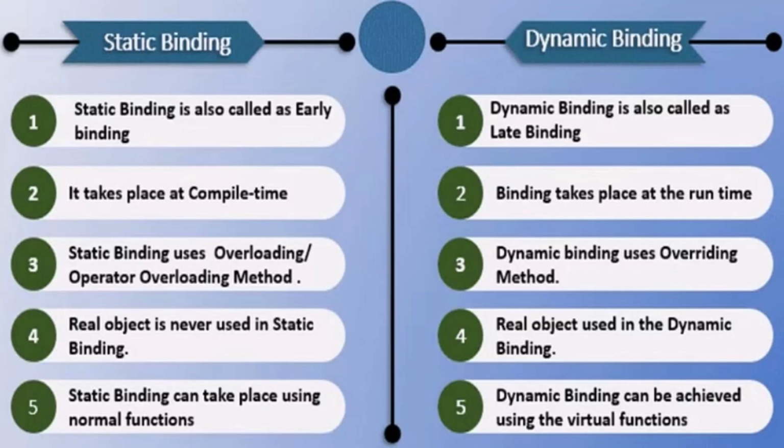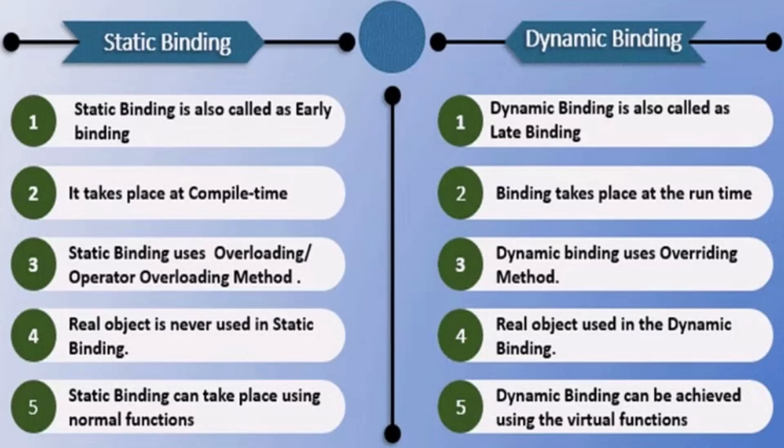Finally, static binding and dynamic binding. Static binding is also called early binding, whereas dynamic binding is called late binding. Static binding takes place at compile time, whereas dynamic binding takes place at runtime. Static binding uses overloading or operator overloading methods.